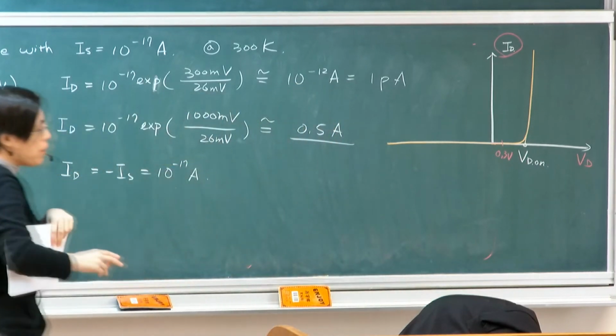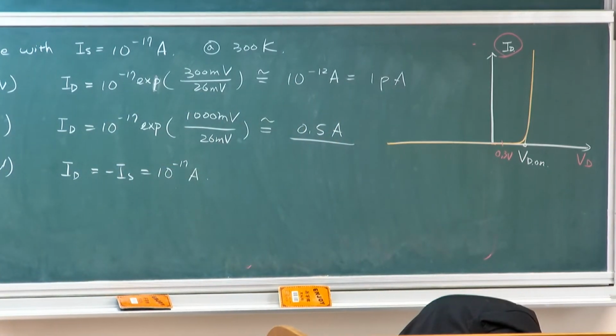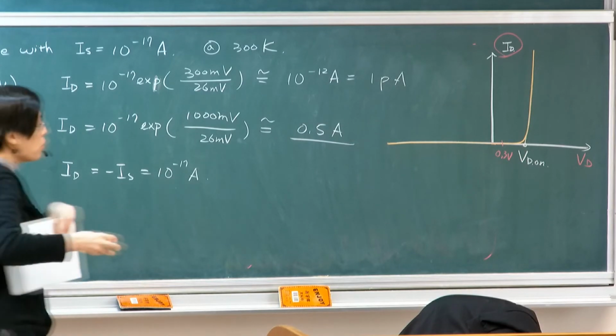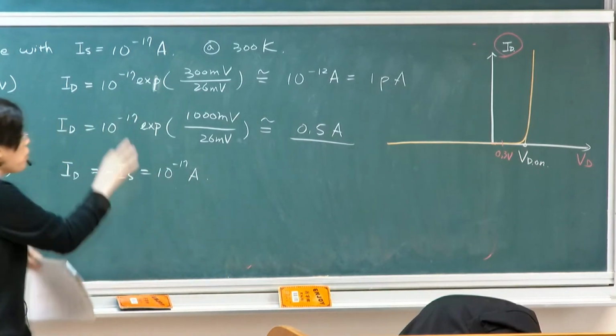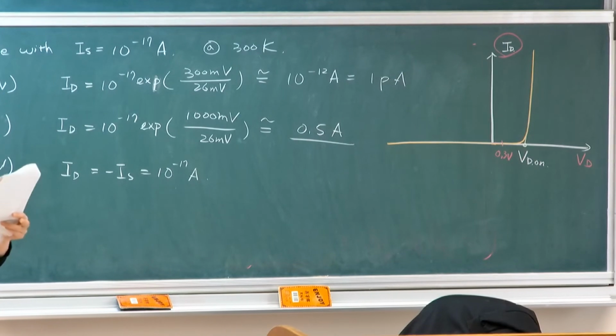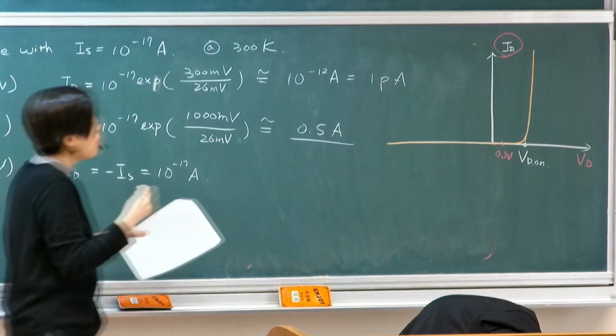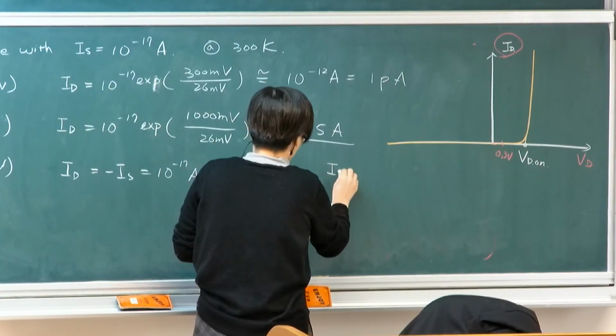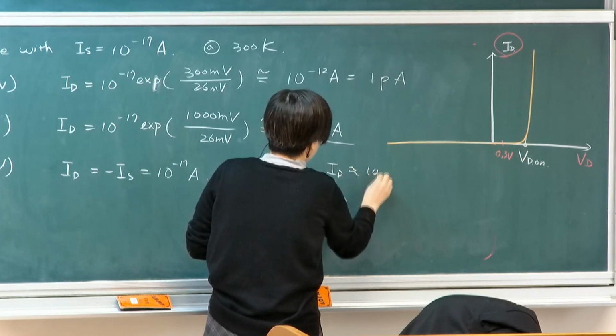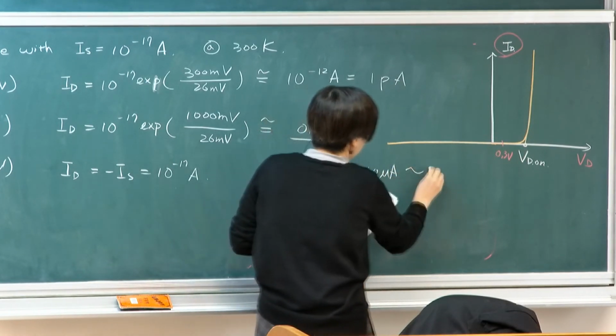So what happened is that it would depend on what you think as an operational current level in typical circuits. So you want to draw your plots in the relevancy of your circuit level. So typically ID will be ranging from maybe 10 microamp to milliamp range.